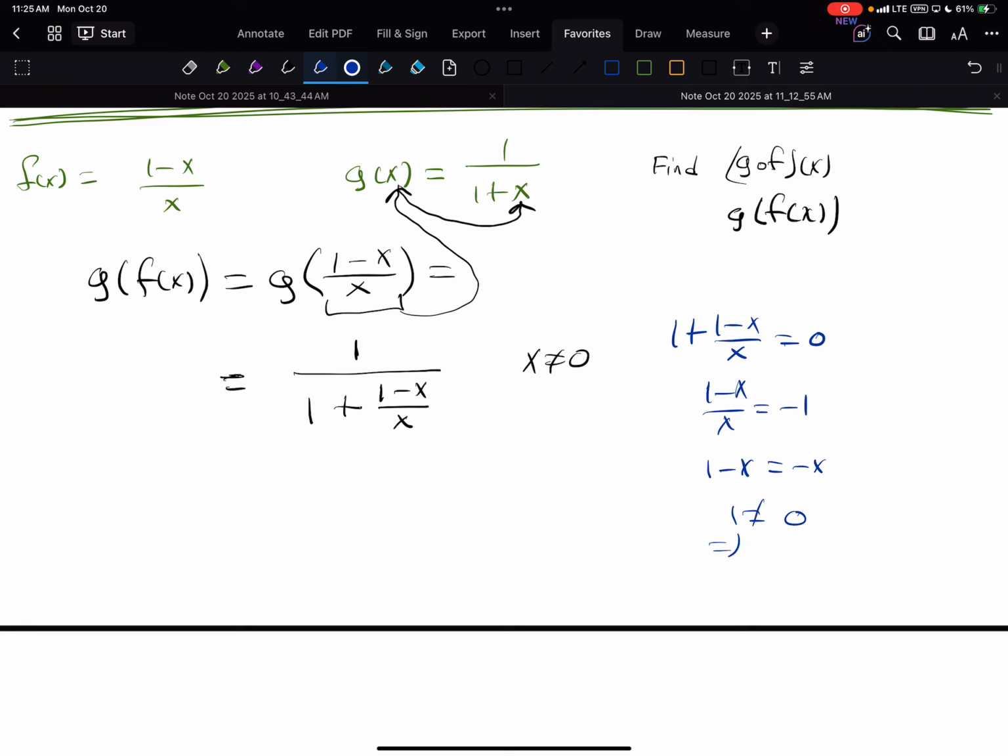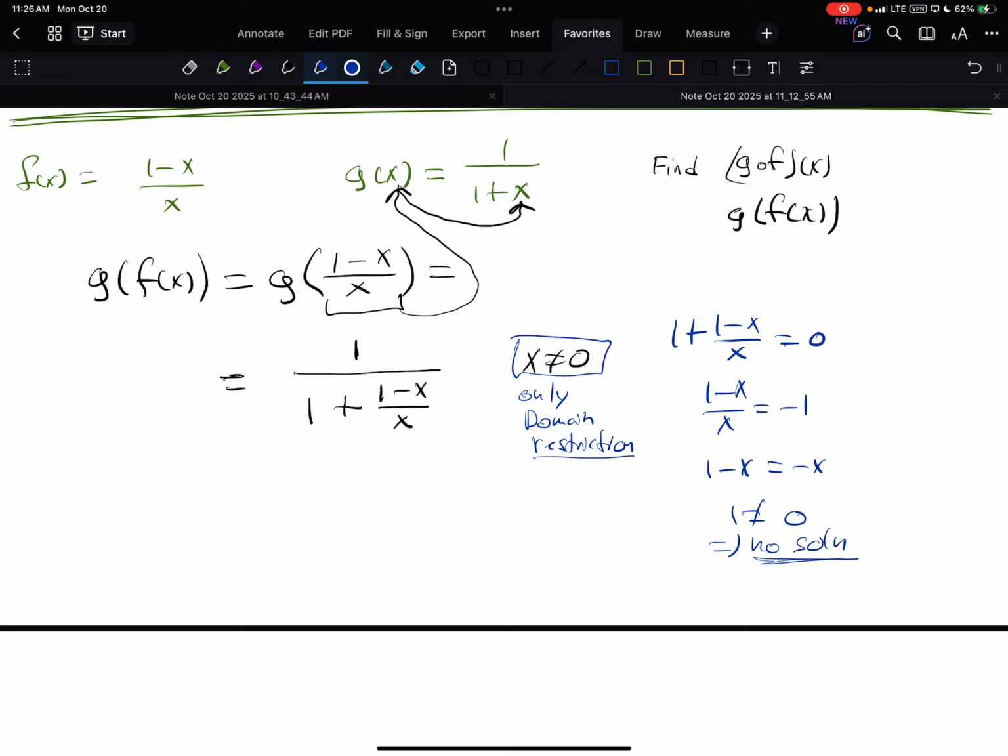So that implies no solution, which implies that x not equal 0 is the only domain restriction, because I don't have any radicals. I don't have to think about square roots of negatives, or fourth roots of negatives, or even roots of negatives. Okay, so I'm done with the domain discussion.